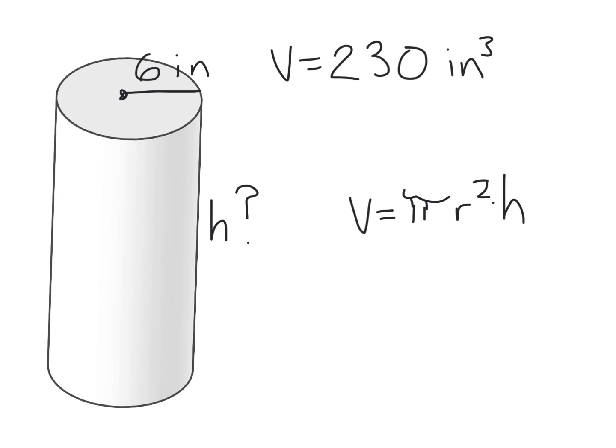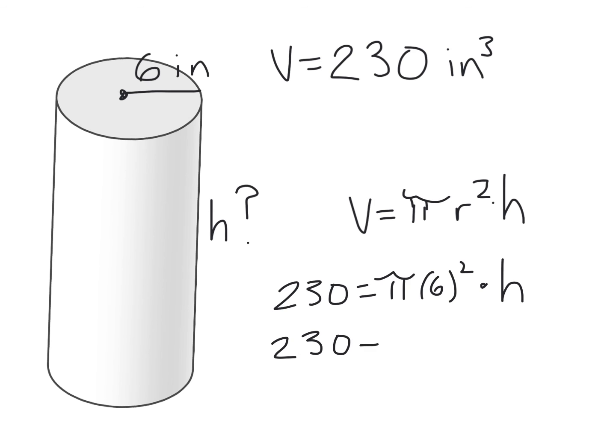So we know a volume, so let's plug that in. 230 for our volume is equal to pi times the radius, which we also know is 6, squared, times the height. I'm going to start by squaring 6, so 230 is equal to pi times 6 squared is 36, 6 times 6, so pi times 36 times the height.